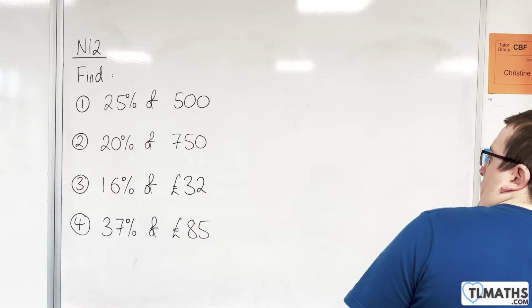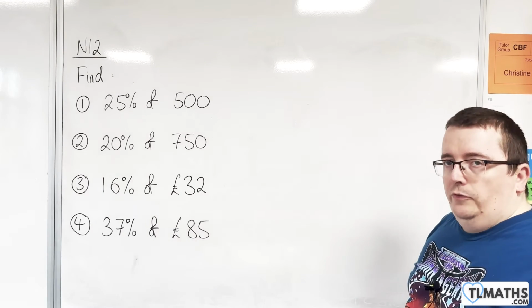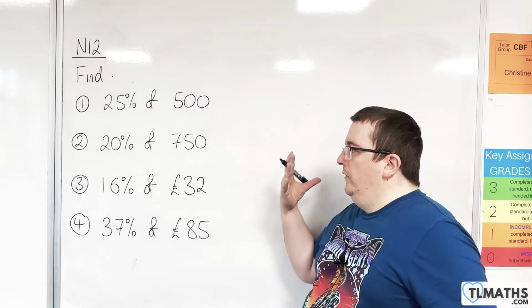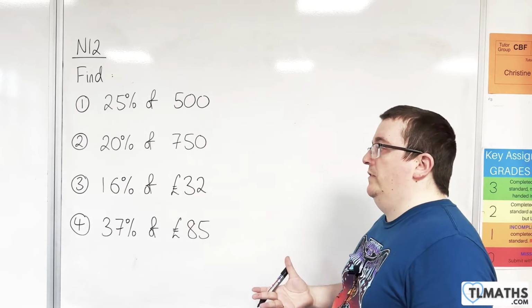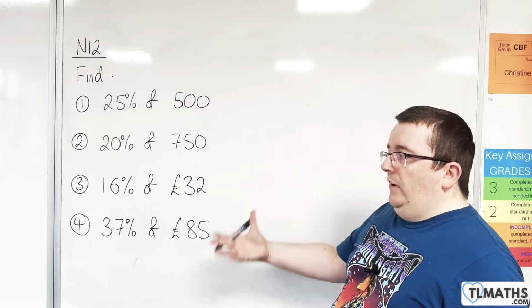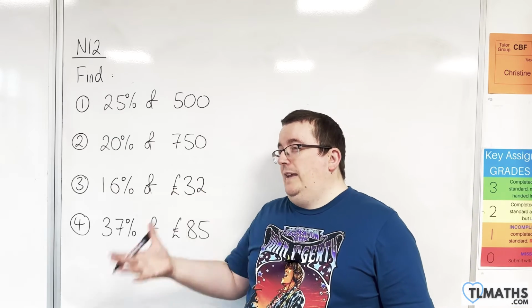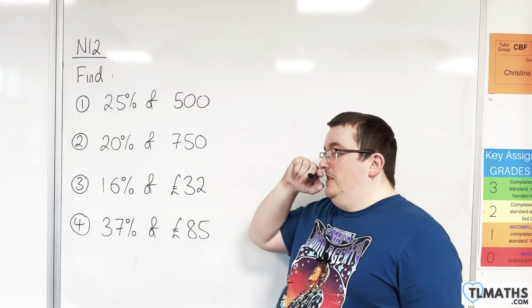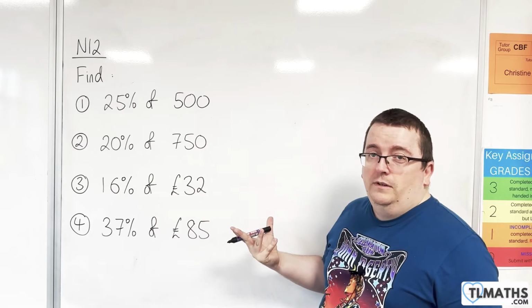Right, number 3. 16% of £32. Now, 16% isn't really a nice fraction to deal with. It's 16 over 100, which is 8/50ths, which is 4/25ths. So I could do it that way, do 4/25ths times 32.